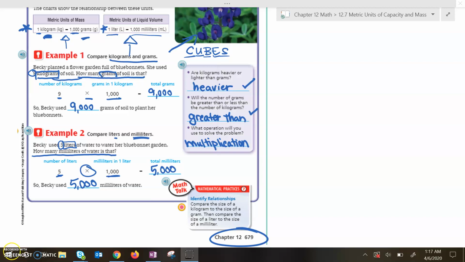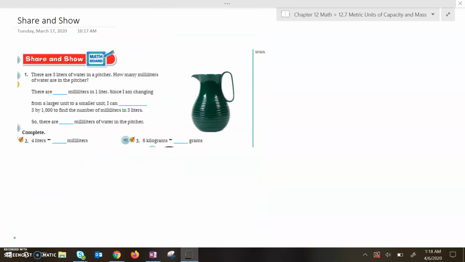Now go ahead and go to the next page. So as we remember from the other page, for every 1 liter, there are 1,000 milliliters. So there are 3 liters of water in a pitcher. How many milliliters of water are in the pitcher? Now remember, there are 1,000 milliliters in 1 liter. So I am changing from a larger unit to a smaller unit.